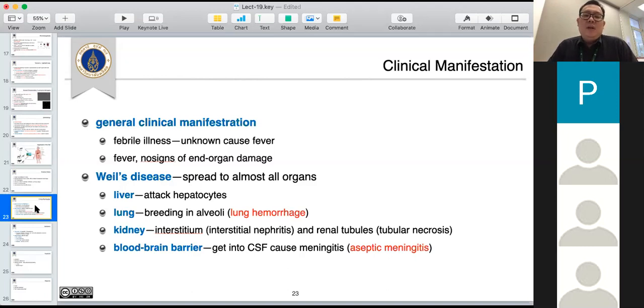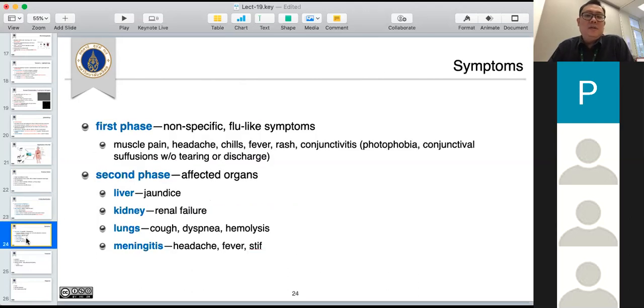If bacteria go to the lung, they cause lung hemorrhage, bleeding in the lung. Okay, and if bacteria go to the kidney, that makes kidney failure, and also meningitis. Okay, same as the previous slides, but these are the symptoms.